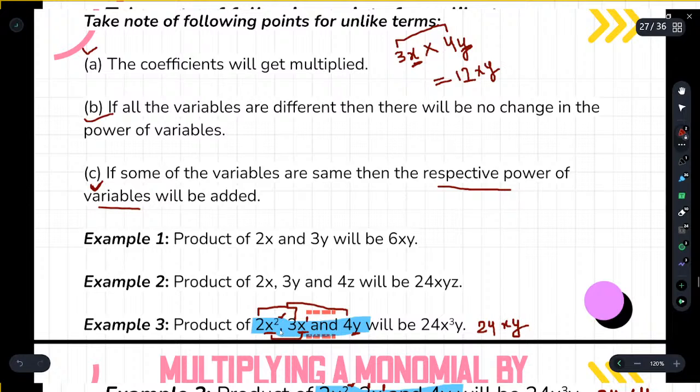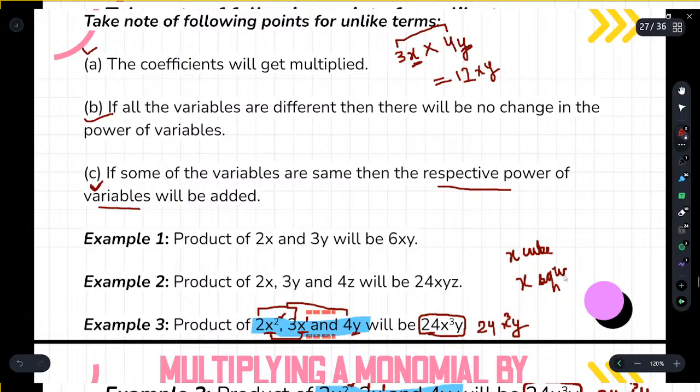But for x, the variables are the same, but the powers are different. So let's add their powers. 2 plus 1 is 3. So x will be x to the power 3, y. Just like this, the answer is 24x cubed y. We pronounce x to the power 3 as x cube and x to the power 2 as x square.